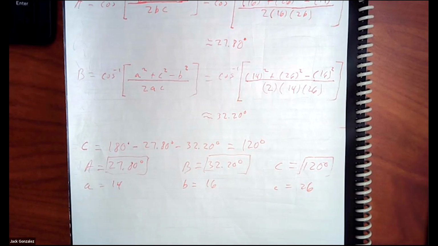Any questions on applying the formulas? With the formulas, it definitely makes sense. So the only trick is you need to identify when to use which one, right? So I guess you should always try to use law of sines.